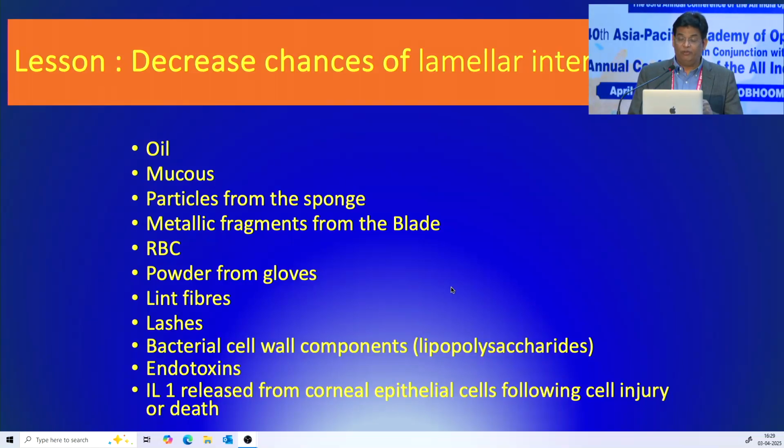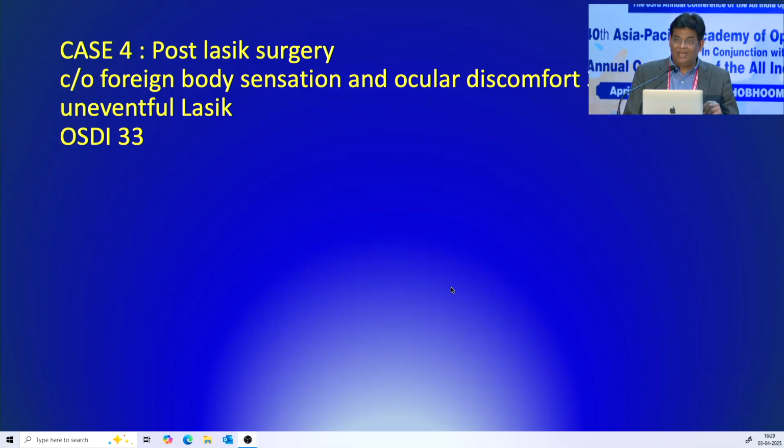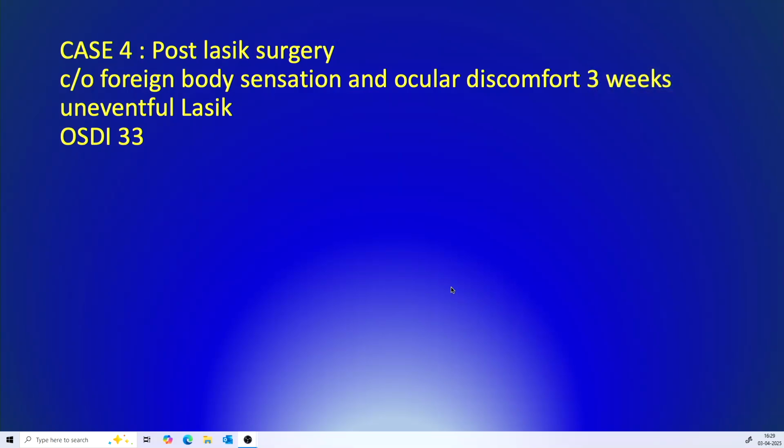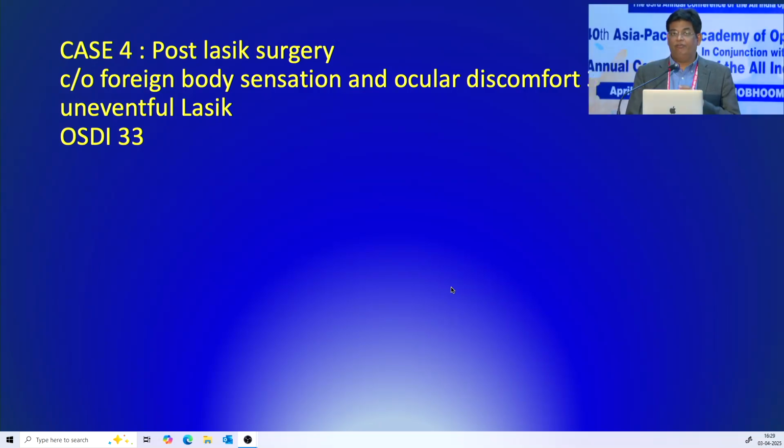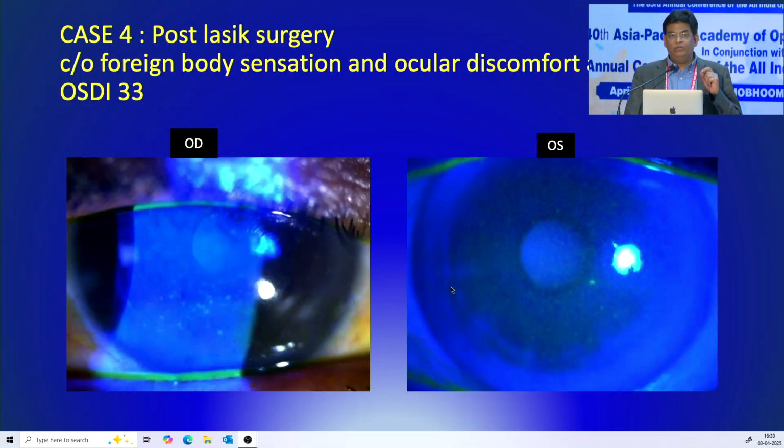And it's important for us to have a nice and stable practice when it comes to each and every patient who's undergoing surgery. Another patient following LASIK surgery complained of foreign body sensation, decreased vision, and ocular discomfort, which was progressively increasing after LASIK. The ocular surface disease index was 33. It's important that we stain these patients and see.